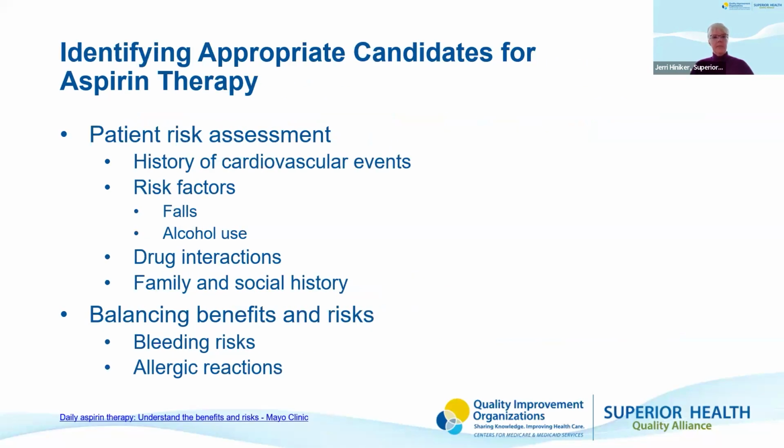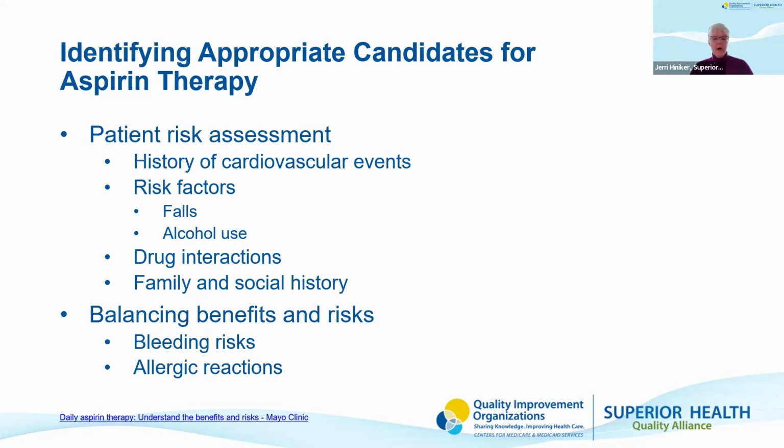Next slide, please. So how do we identify who might be an appropriate candidate for aspirin therapy? You really need to look at the patient as a whole and do a patient risk assessment. And again, what is the protocol that your facility is using for this when you're managing your patients with CVDs? Do they have a history of a cardiovascular event?